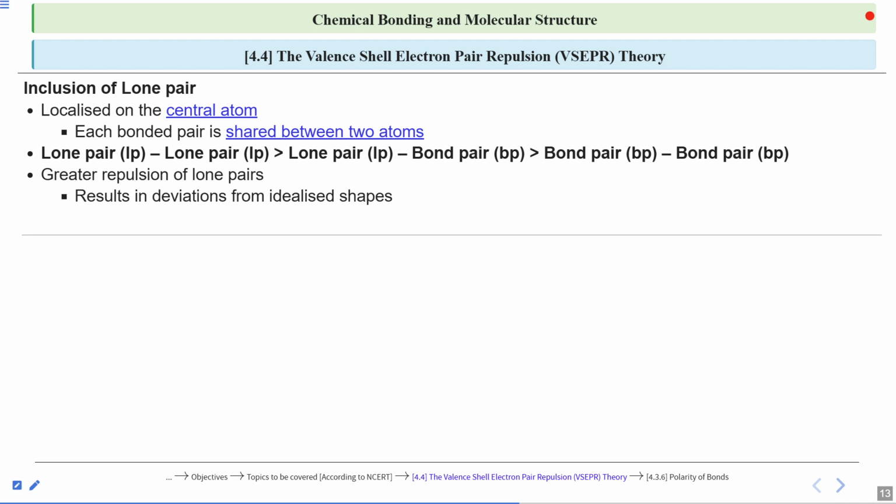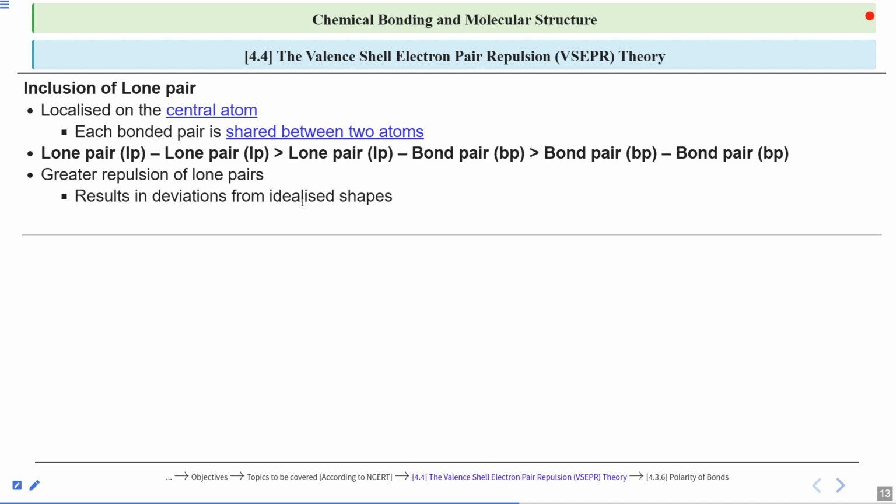Now what is the meaning of this idealized shape? If you take the ideal shape of trigonal planar, then what would be the angle? It would be 120 degrees. But if you look at a molecule which has both lone pair and the bonded pair, then the angle would not be the same. Okay, there will be deviation from the ideal case.